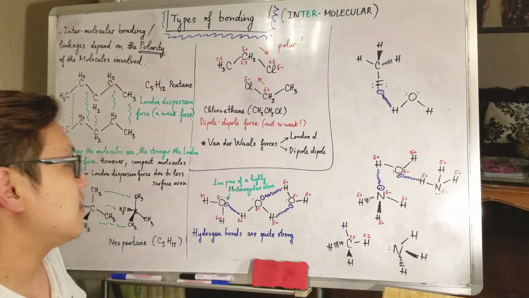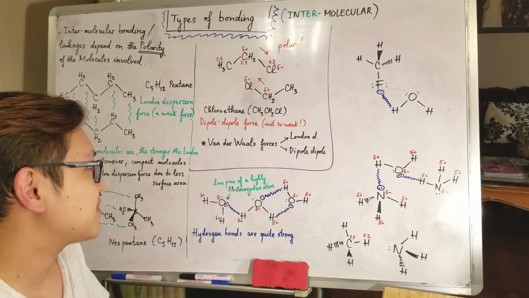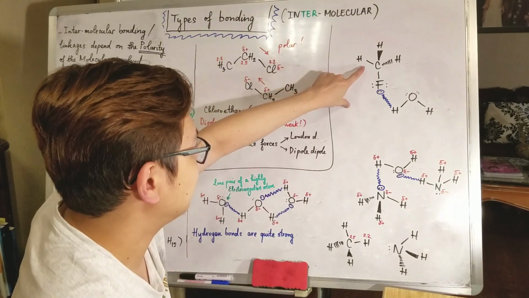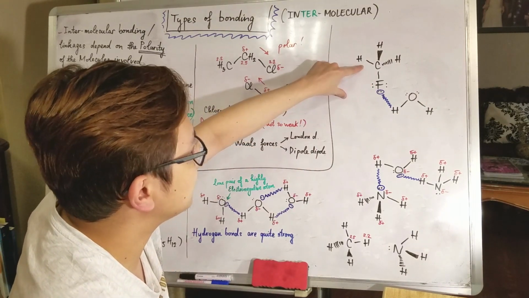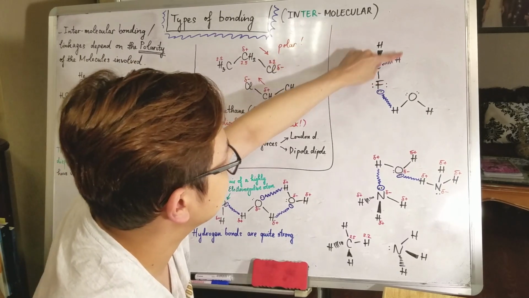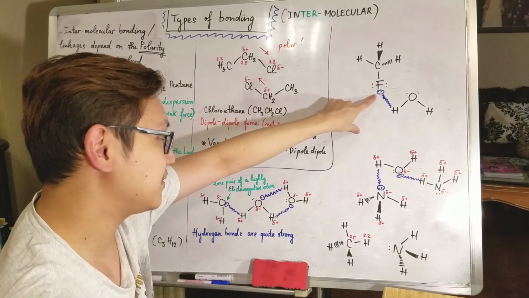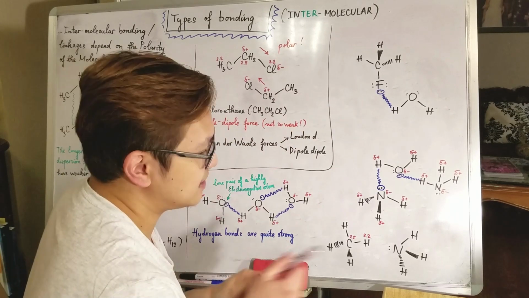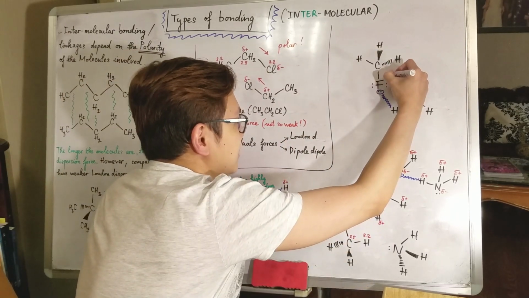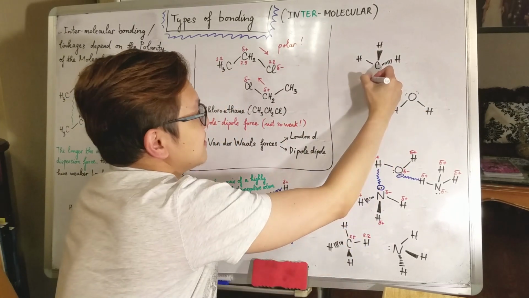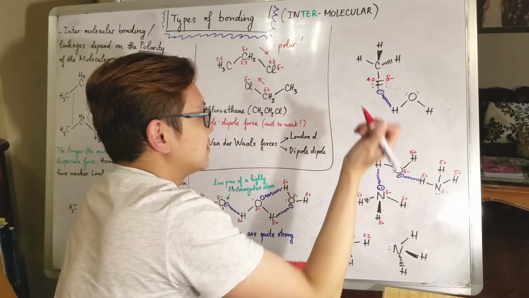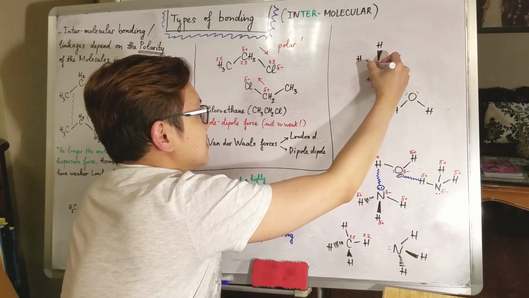Okay. Right, so for further explanation, let me look at this molecule. This is fluoromethane. And the lone pair of this fluorine is very, very negative. Because why? Fluorine is 4.0. This is 2.5.